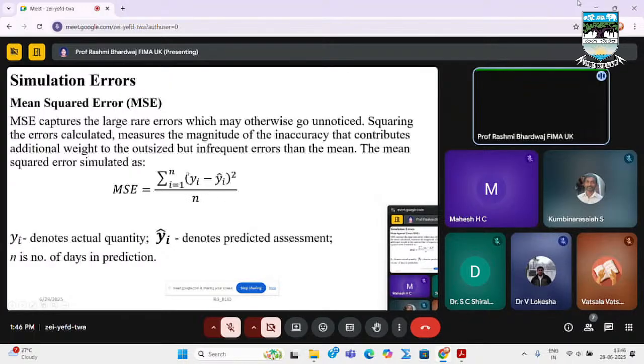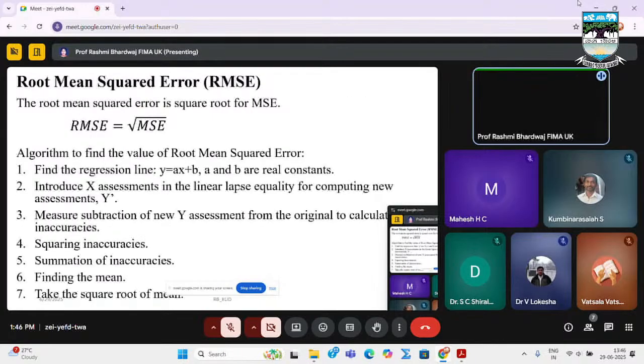This is the actual value and this is the predicted or forecasted value. The value we get is considered the mean squared error. Then we have the root mean square error, which is the square root of the mean square error.